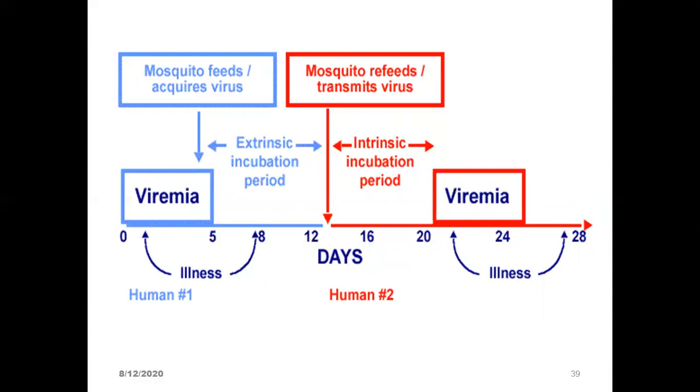First, the mosquito takes blood by biting an infected human, and when it is infected, it bites a healthy person, causing the disease.